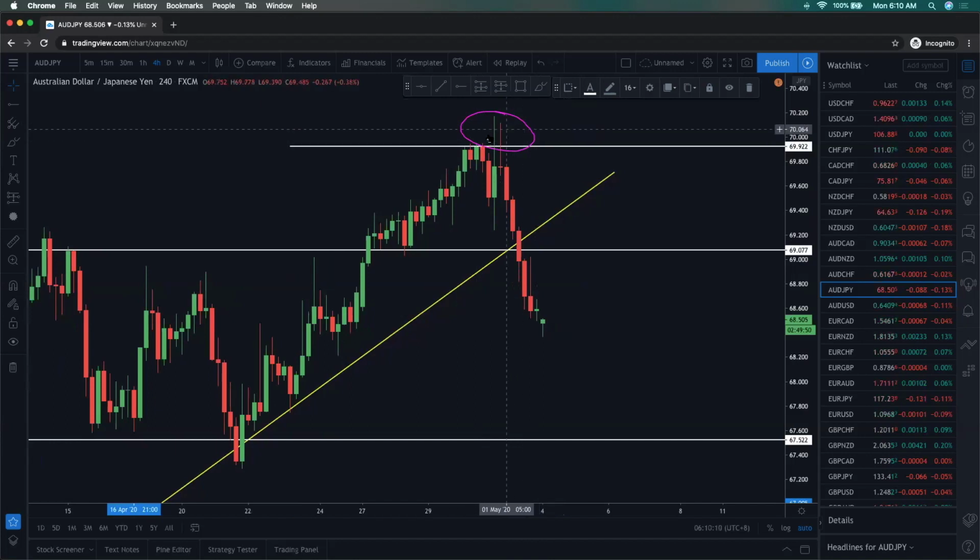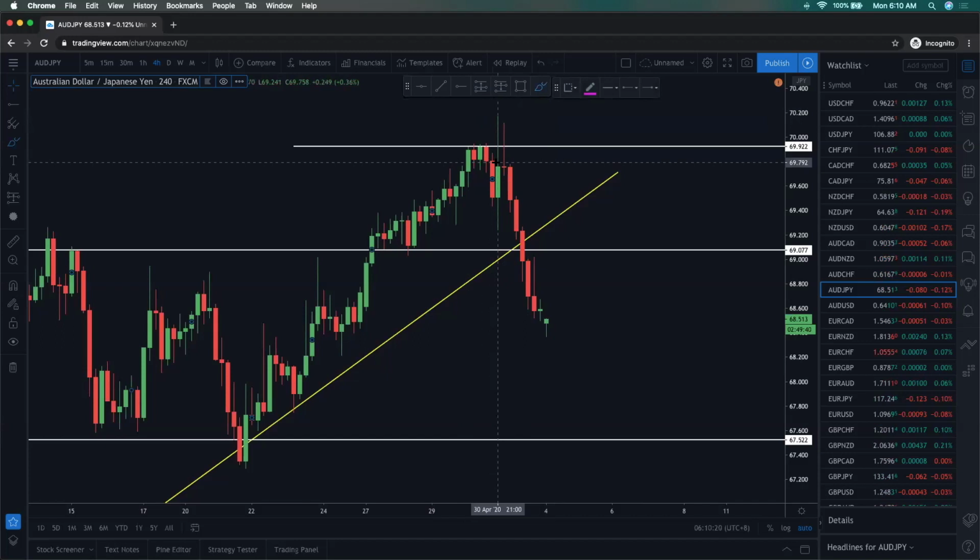It represents rejection. When you see these two long wicks, that means price tries to go up and then gets rejected, and then price tries to go up again, and then it gets rejected, meaning that sellers are pushing the price downwards.